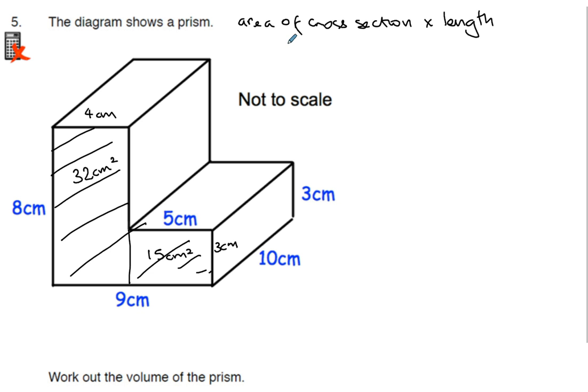So the area of the cross-section is 32 plus 15, which comes to 47. So we've got 47 times the length, which is 10, so we get 470 centimeters cubed. All right, wasn't that easy?